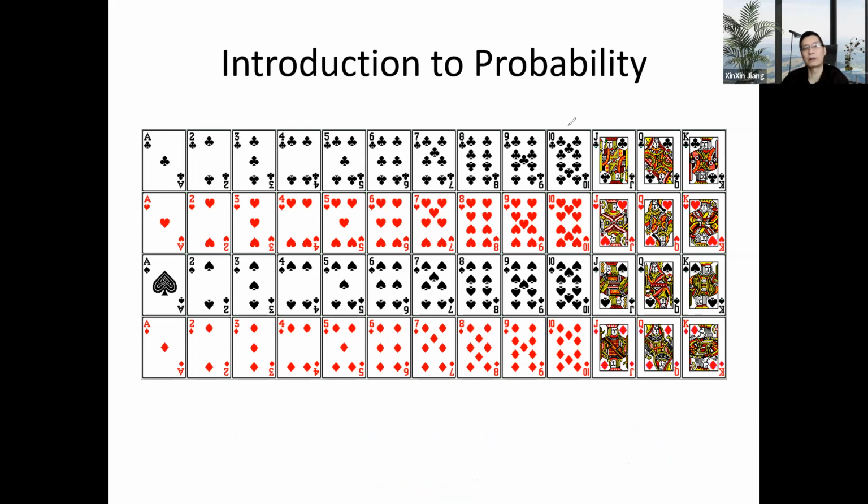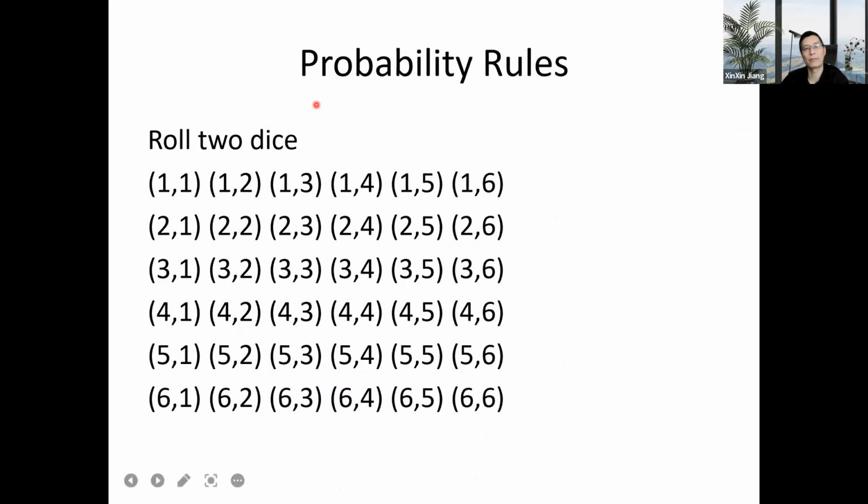All right, let's work with another toy model. We roll 2 dice, assuming they're fair dice, and we assume the outcomes are equally likely.